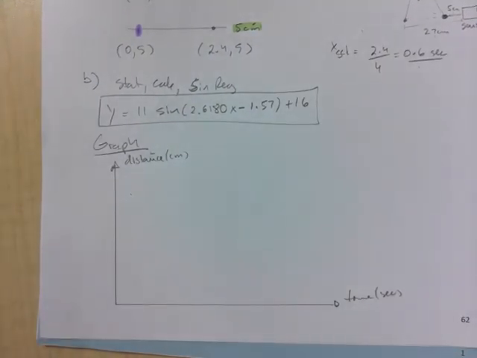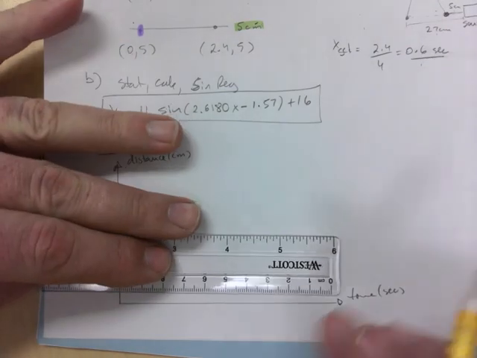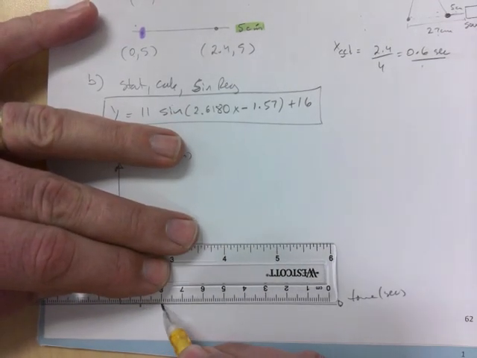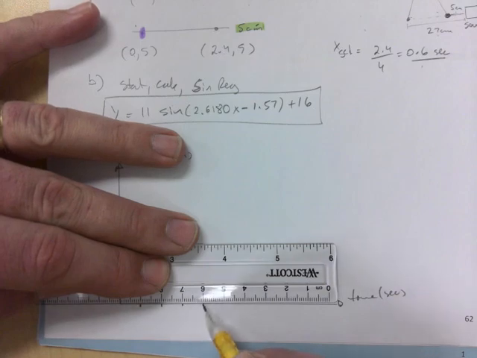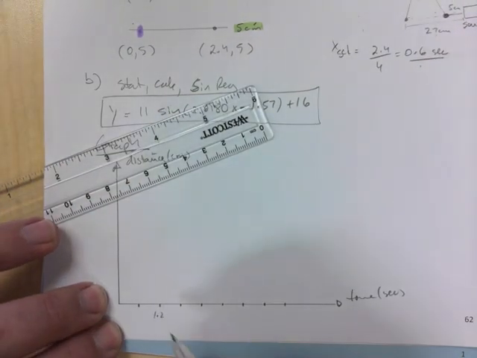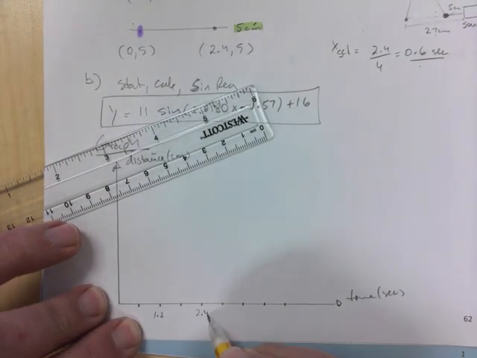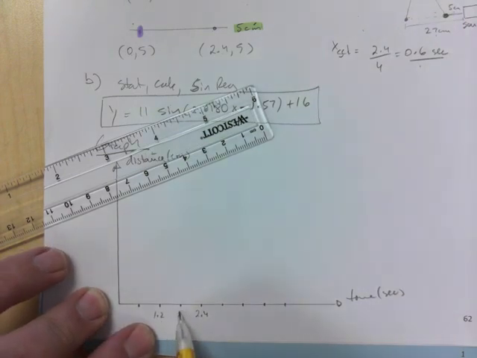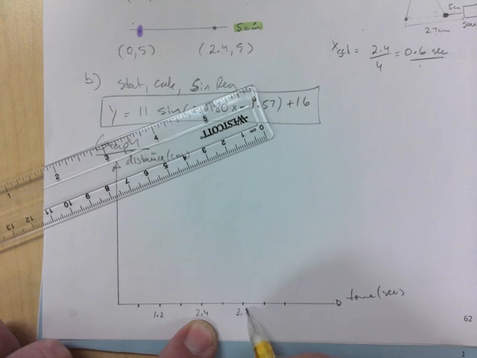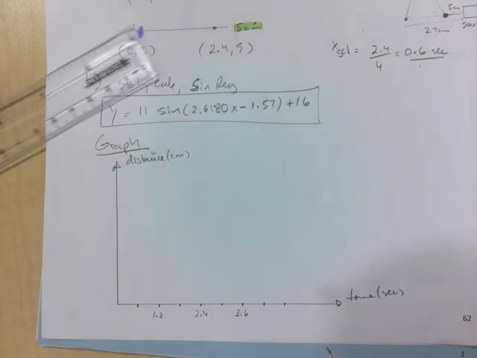And I'm going to go 0.6, 1.2. I'm going to go up by 0.6 because we start at 0. Why not? So 1.2, 2.4, 0.6, 1.8, 2.4, right? And then it's just 3.6 and so forth.